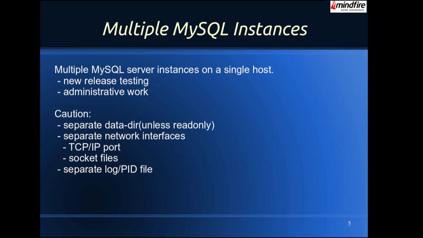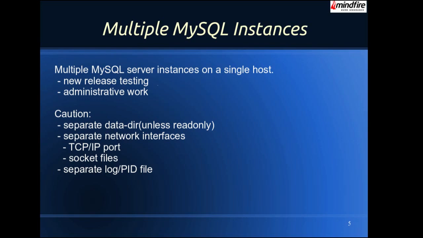But there are a couple of precautionary steps that need to be taken care of. First, we have to have a separate data directory for each of the database instances, and the instances should not interfere with each other, right?